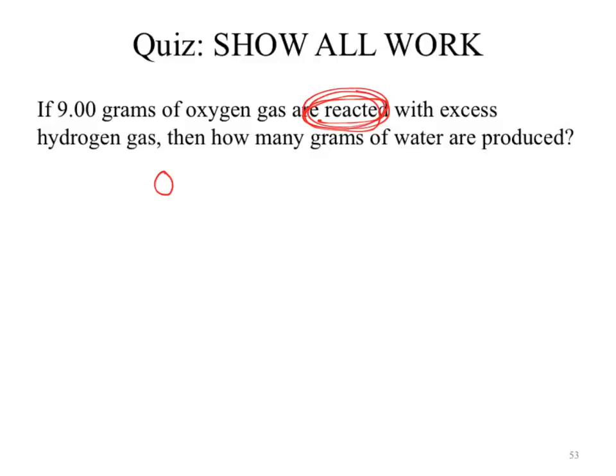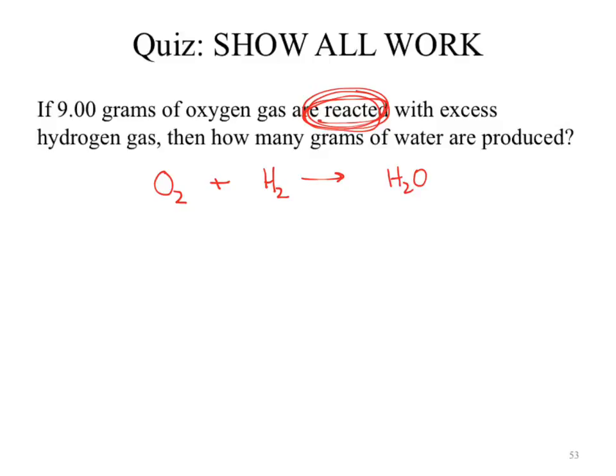Oxygen gas, which we need to know is O2 because oxygen is a diatomic element, is reacted with hydrogen gas. What is produced? What is phenomenal about this equation?